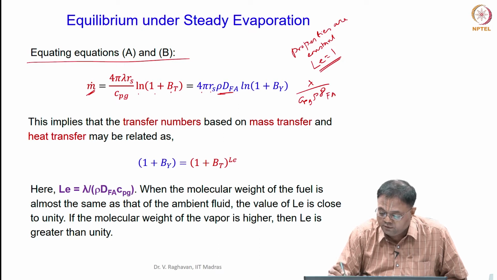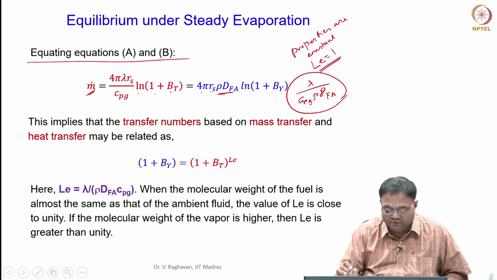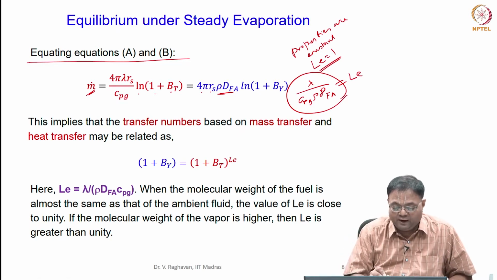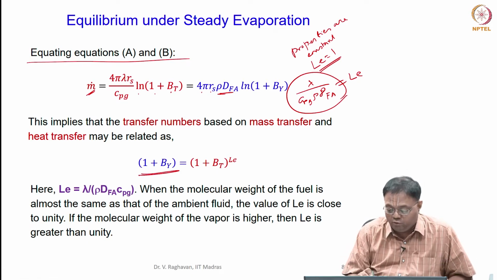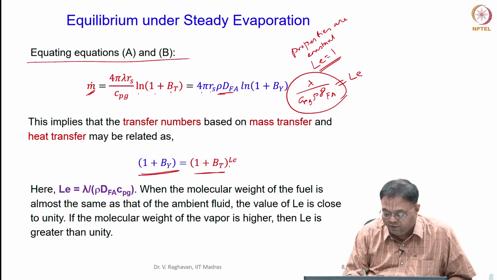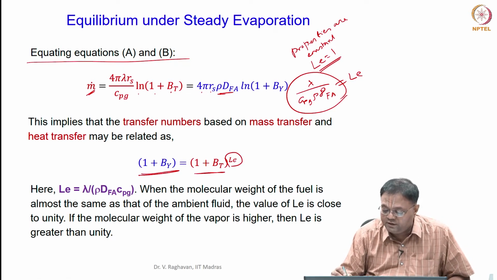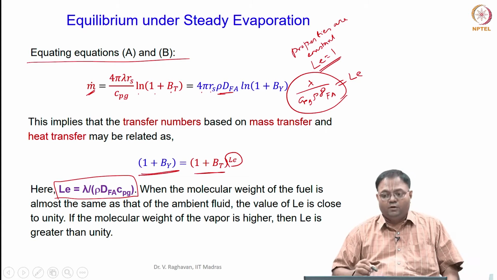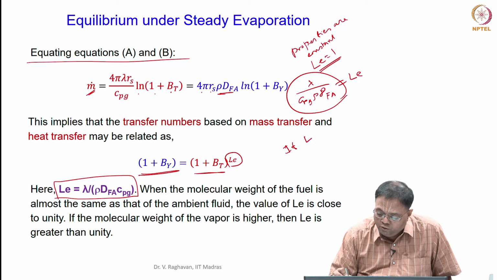So this parameter, taken to the left side, is actually equal to the Lewis number. So we can write this equation as 1 plus By will be equal to 1 plus Bt to the power of the Lewis number, which is nothing but lambda by Cpg rho Dfa. That is the number.